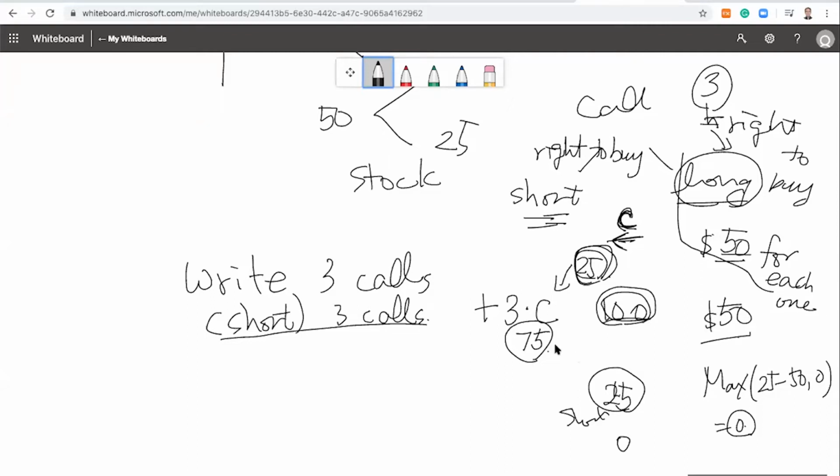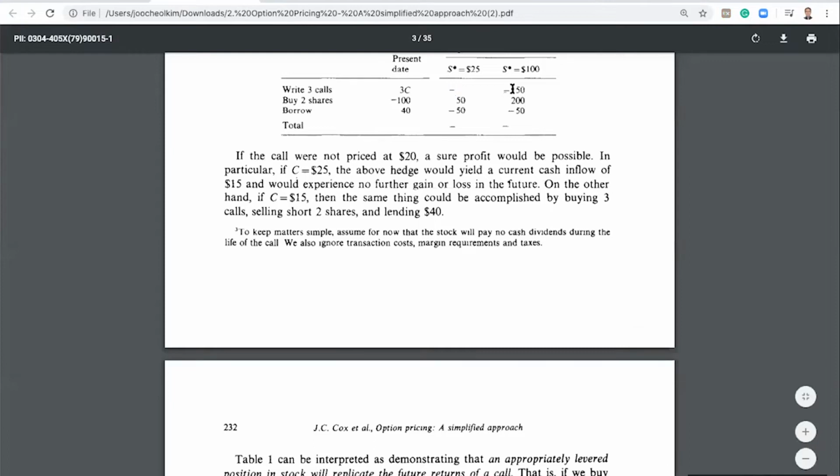That means if you are in a short position, you have to pay $50 to him for each stock. And since you sold 3 call options, you have to give him $150. So that's why the value here is negative 150.